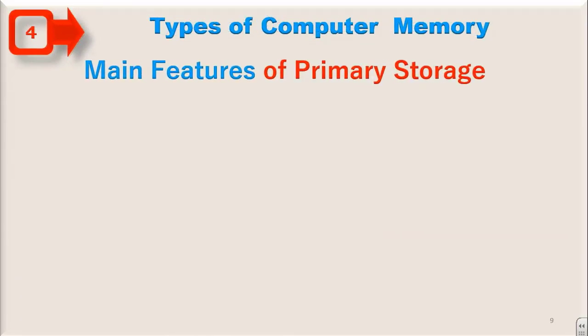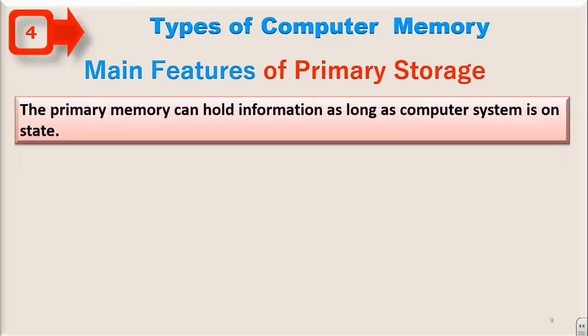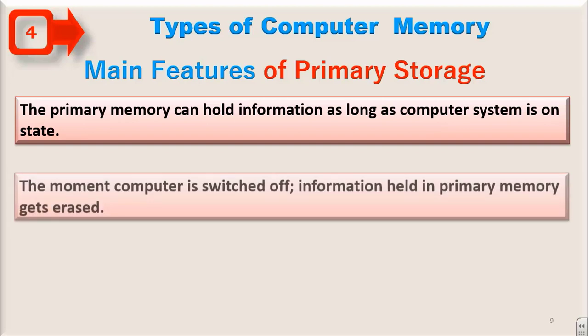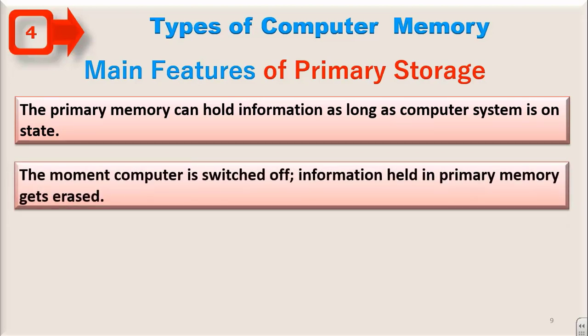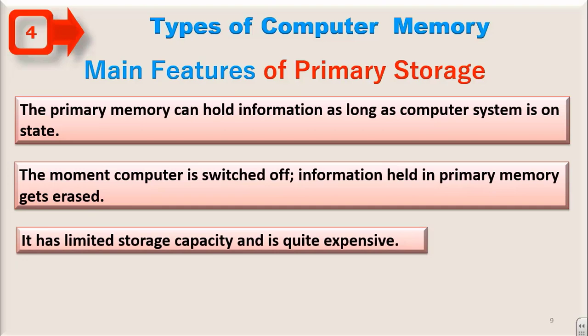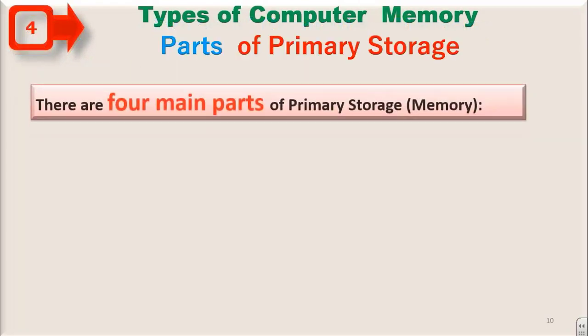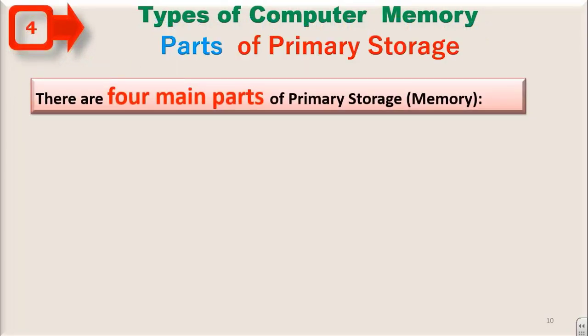Main features of primary storage. The primary memory can hold information as long as the computer system is in the on state. The moment the computer is switched off, information held in the primary memory gets erased. It has limited storage capacity and it is quite expensive. There are four main parts of primary storage.